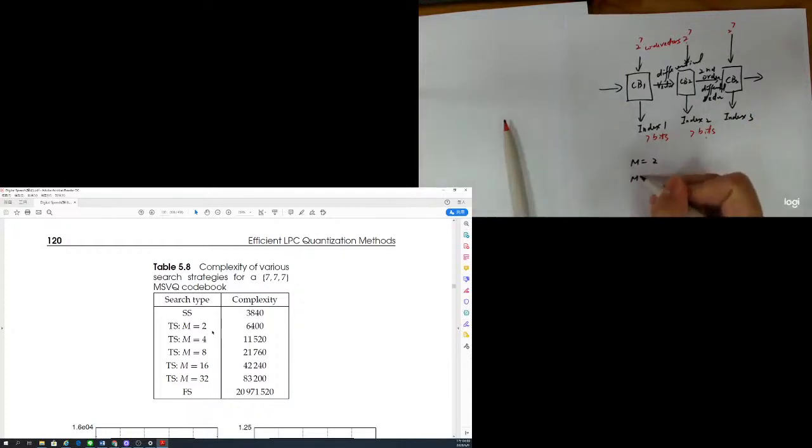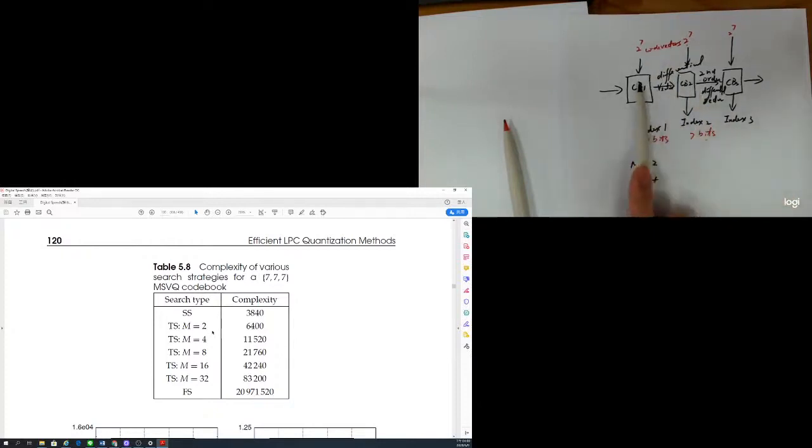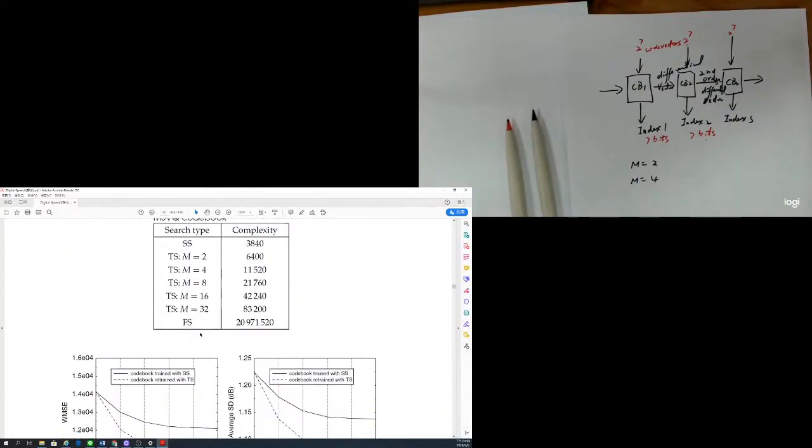If n equal to 4, for this stage we pick the 4 winners. Based on the 4 winners, the next stage tries to find a match, and among the combinations we find which one is the best one. This is what we call n-best.